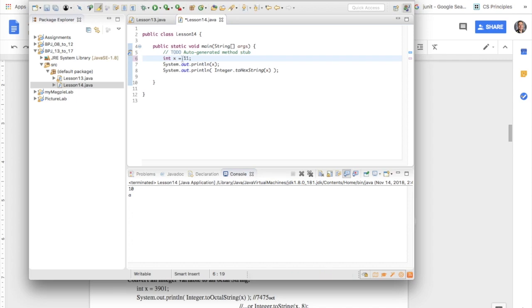Or if I put an 11, it will print a B. If I try a 15, it will print an F. And then if I go one number bigger and try 16, it prints a 1, 0. This is the hex number, 1 sixteen and 0 ones for that number.